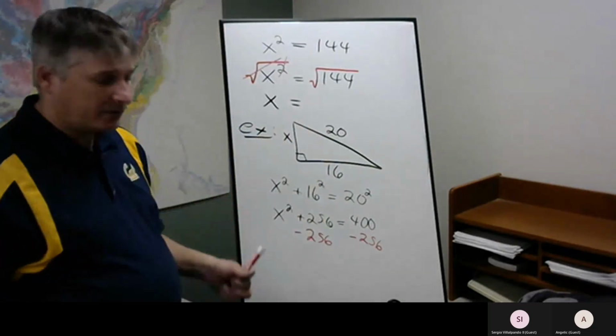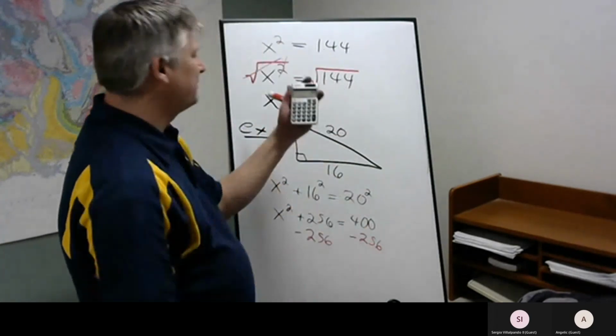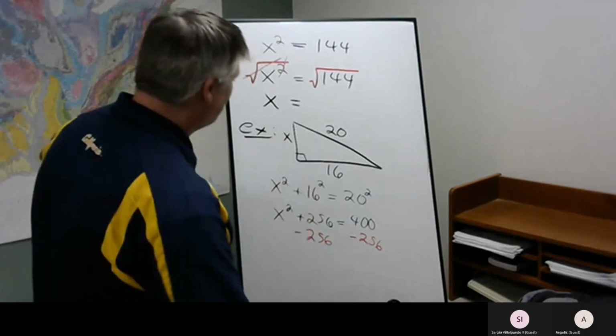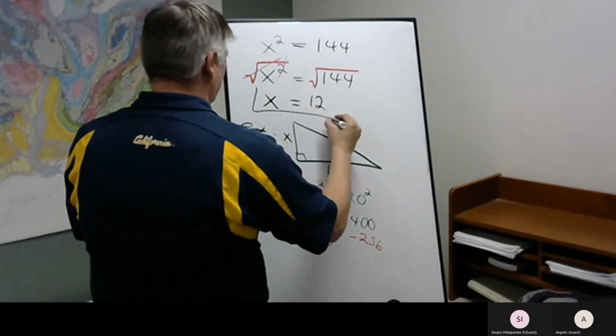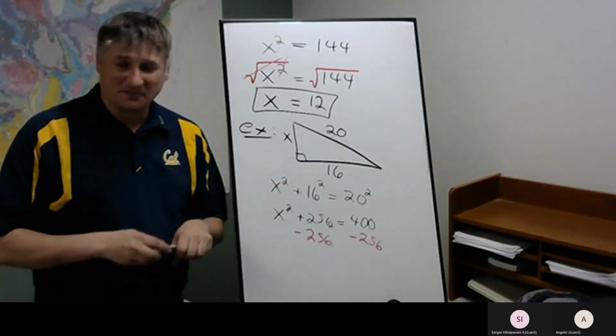And then again on your calculator, type in 144, square root, you'll get 12. And that's going to be our answer.